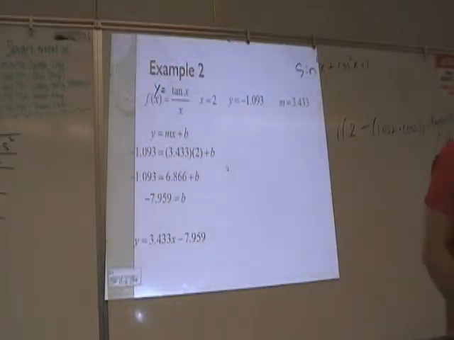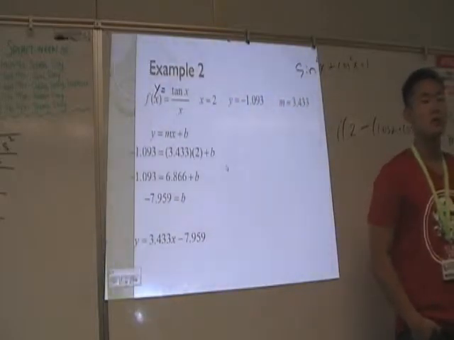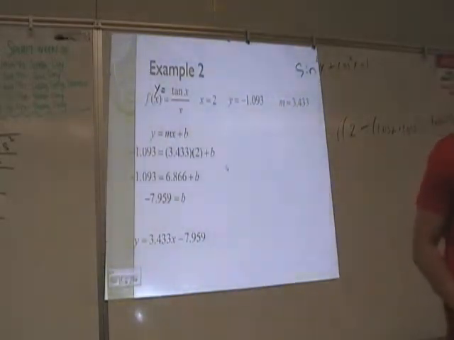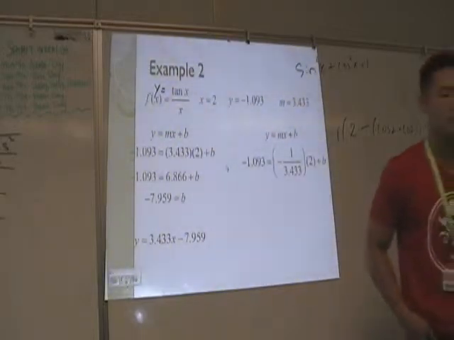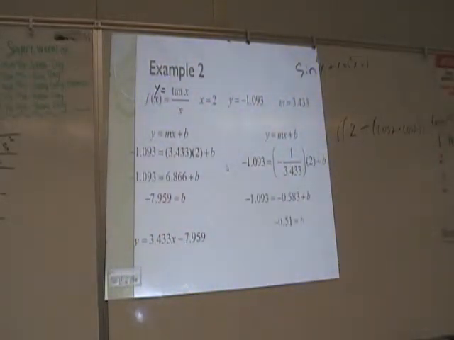And then a normal line, what do we know about the normal line? Yeah, the slope is the negative reciprocal. So that means our slope is that right there. Use your calculator, solve for b. There's your answer for the normal line.